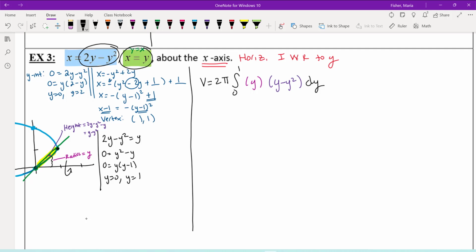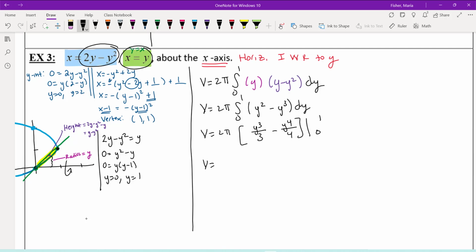Now what I want to do is I want to distribute and then integrate. So I have y squared minus y cubed dy. Integrating, we end up with y to the third over 3 minus y to the fourth over 4, and this gets evaluated from 0 to 1. Plugging in those limits of integration, we're going to have 1 cubed over 3 minus 1 to the fourth over 4, and then minus a bunch of zeros.